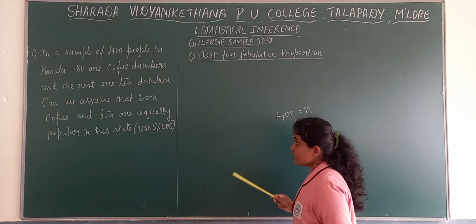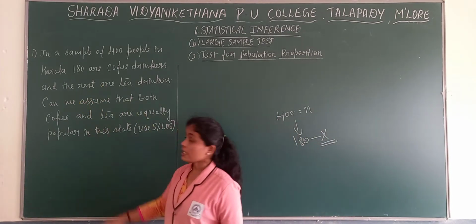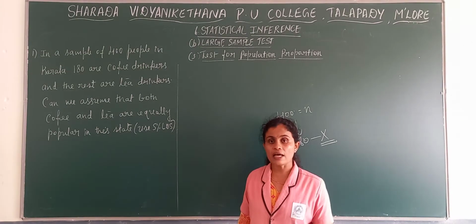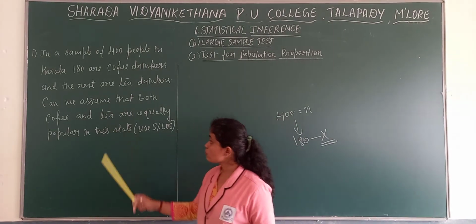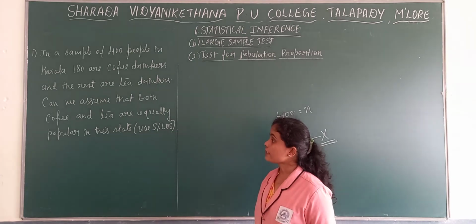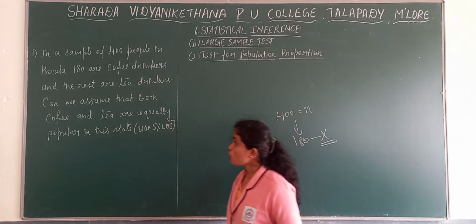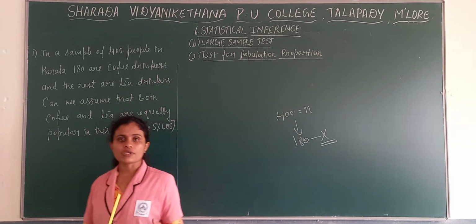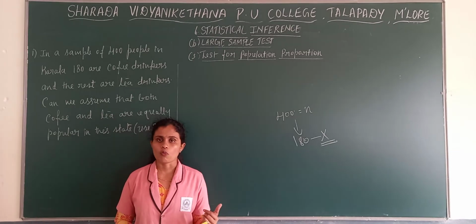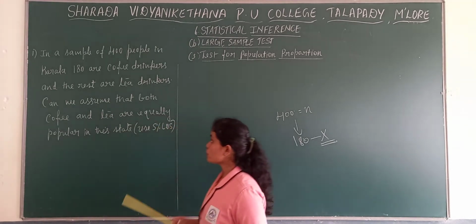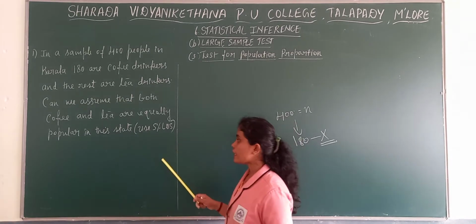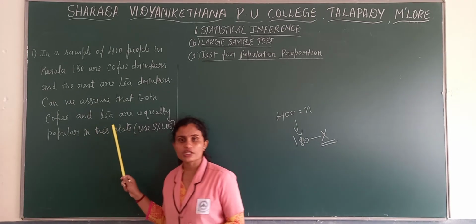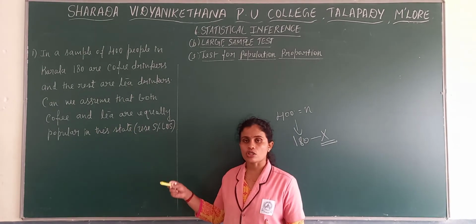The rest are tea drinkers. Can we assume that both coffee and tea are equally popular in this state? Firstly, you need to identify whether it is a two-tailed or one-tailed test. In the question, we cannot find anything like less than, more than, increase, decrease, taller or lesser.